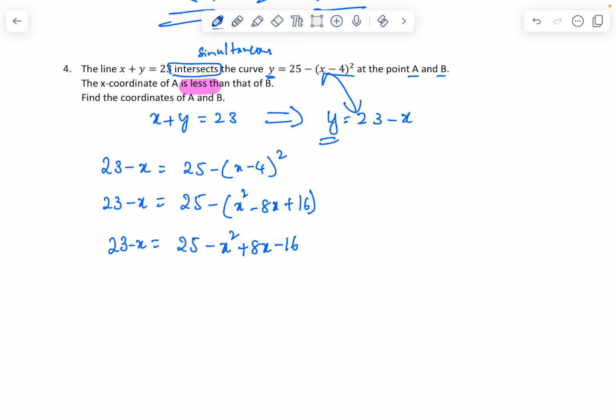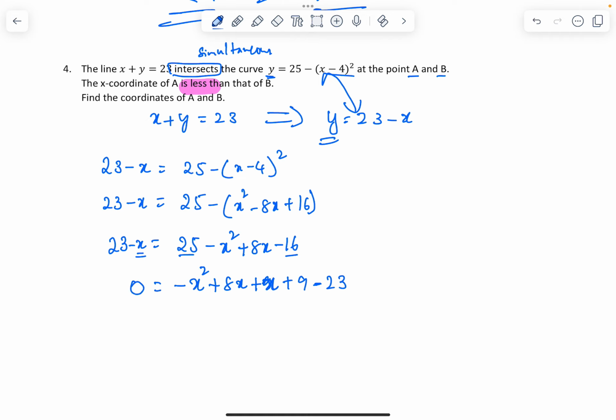So I will bring all the terms together. Negative x squared plus 8x, and the negative x becomes positive x. Then 25 minus 16 is plus 9, and the positive 23 becomes negative 23, equal to 0.